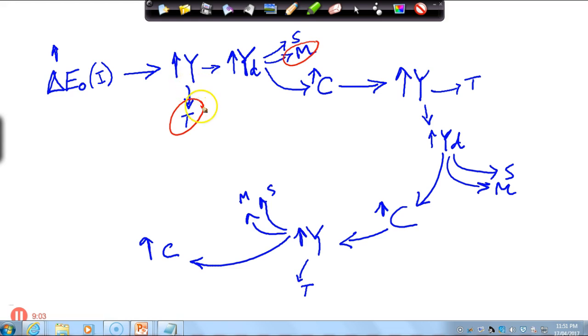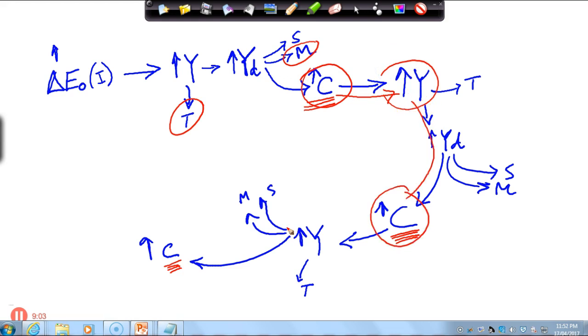And because we've added these additional leakages, these additional withdrawals, the increase in consumption expenditure will be less at each level. And therefore the multiplier will be smaller, and the overall multiplier effect will be smaller, because remember the multiplier effect relies on increases in income generated by increases in consumption from the previous group.